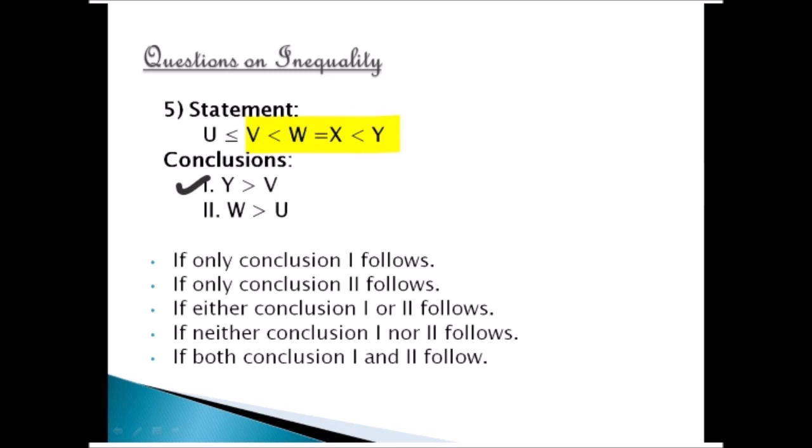The second conclusion says W to U. So my starting point is W and my destination is U. There is outgoing from W towards V as well as W to X, but my destination point is U, so I have to move in this way. Here we can check that there is incoming from V to U. So yes, we can further check this conclusion.